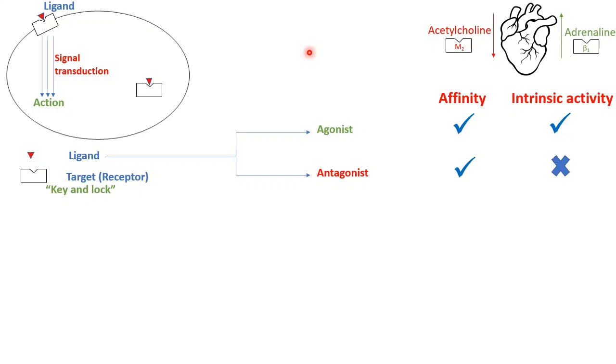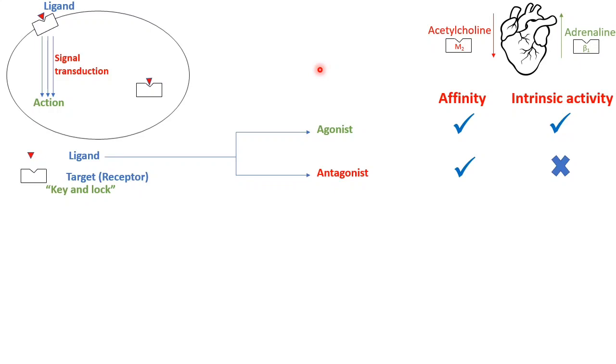now there is a ligand that is between agonist and antagonist. This ligand can bind to the receptor and it has intrinsic activity also, but it is much smaller than the intrinsic activity of that agonist.